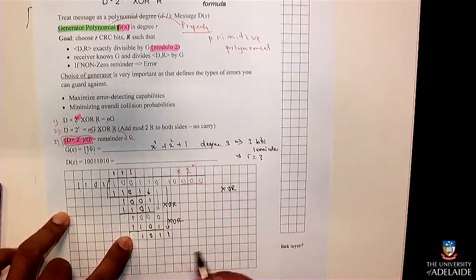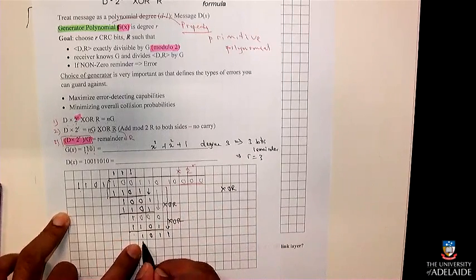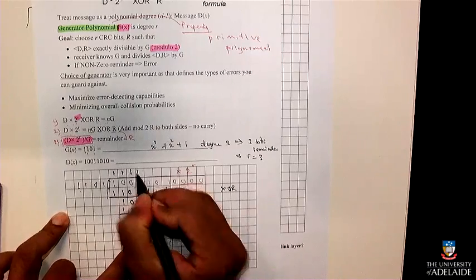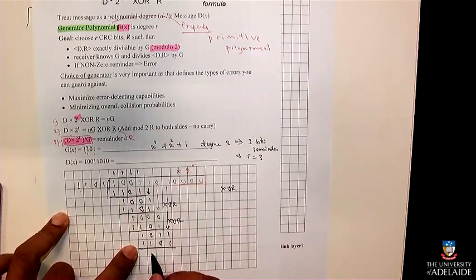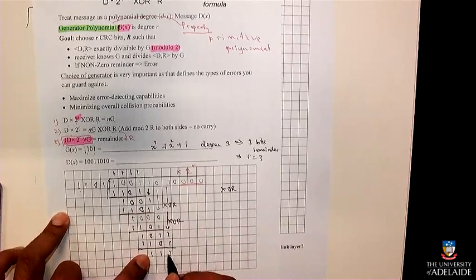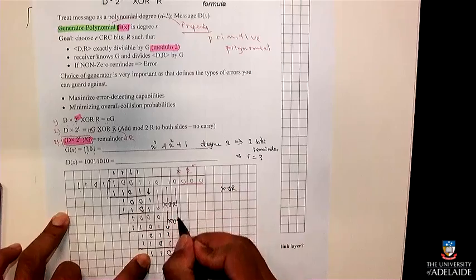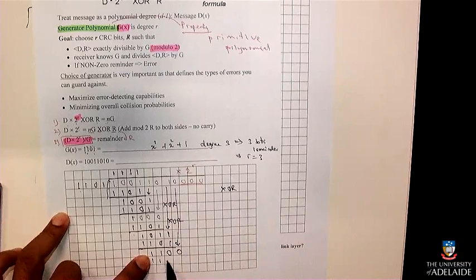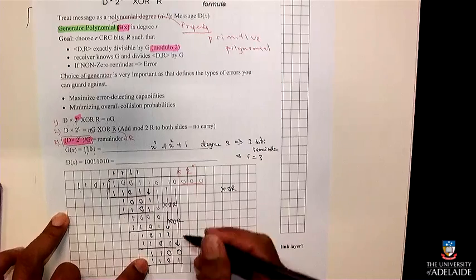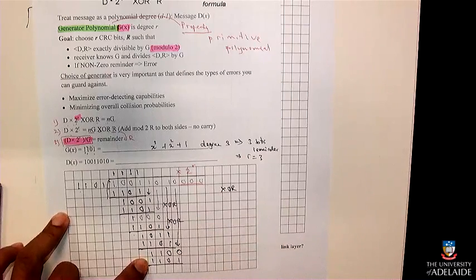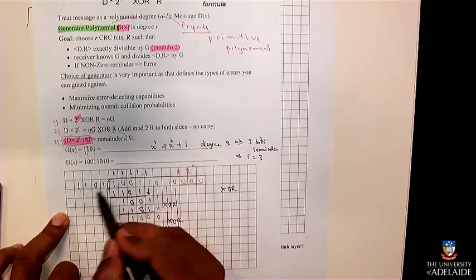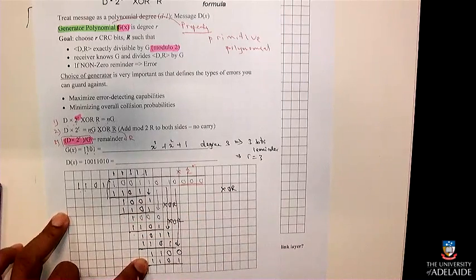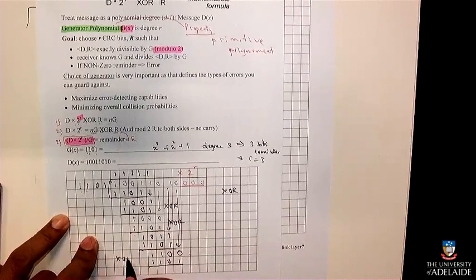Bring this one down, and I end up with 1, 1, 0. Not enough, it's too small. Bring this down, 1, 1, 0, 1. Stop me before I make a mistake. So 1 up there, multiply out. Oh wait, I did that already. See? So take exclusive ORs.